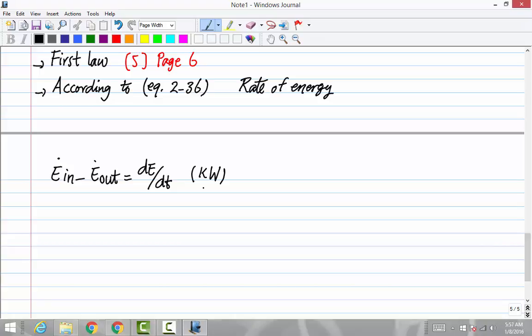So what does this mean? Again, we are talking about rate of energy in time, right? Let's say we have this system, a control volume, with imaginary boundaries, dashed lines, and I have the rate of E dot coming in and the rate of E dot going out of my system.